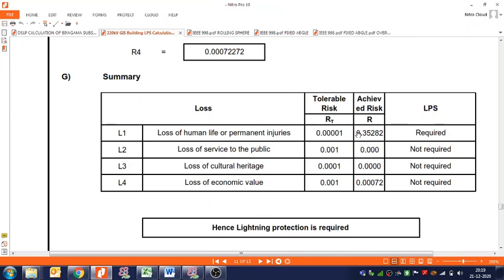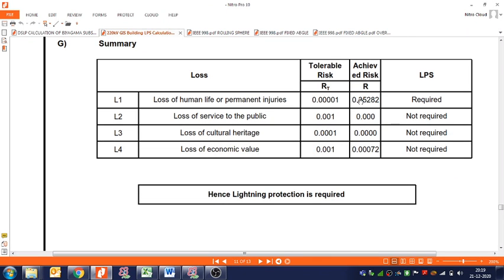So here we can see that this overall calculated risk value is coming higher than the tolerable risk value. In that case, the lightning protection system will be required. Hence, lightning protection system is required.